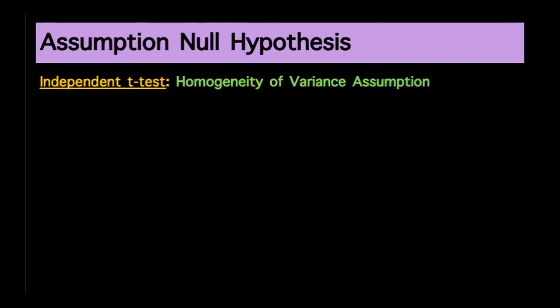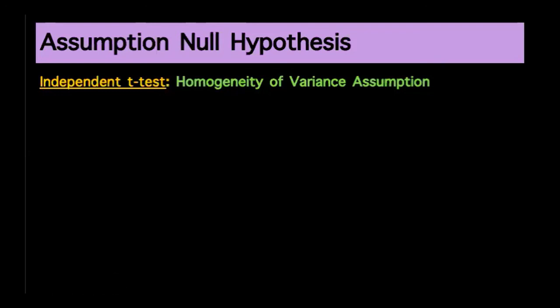Homogeneity of variance, and I'll say this twice if you want to write it down, is looking at the equality of variances between samples.